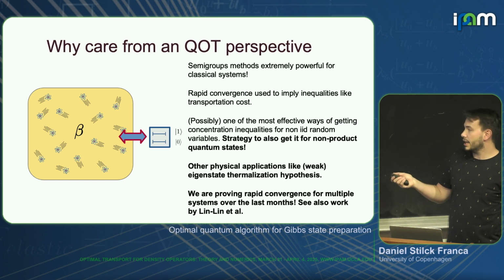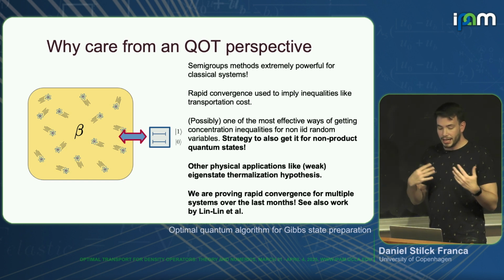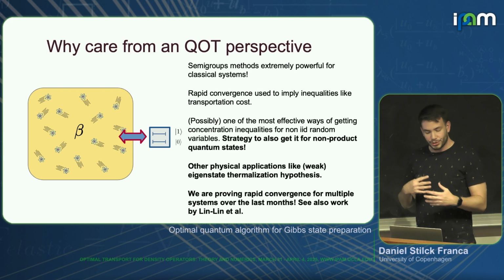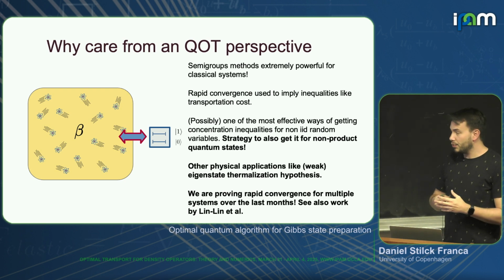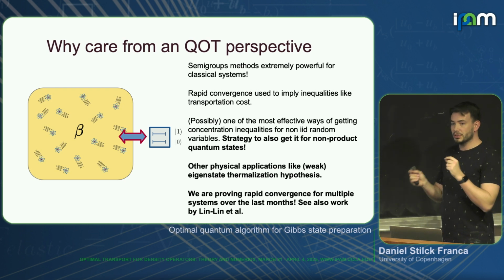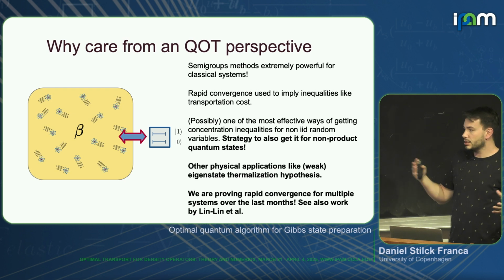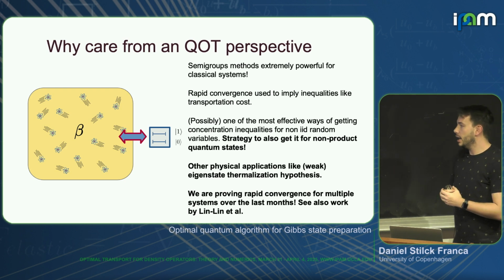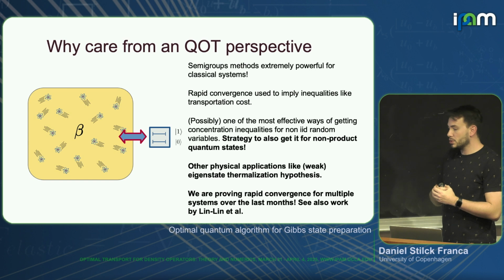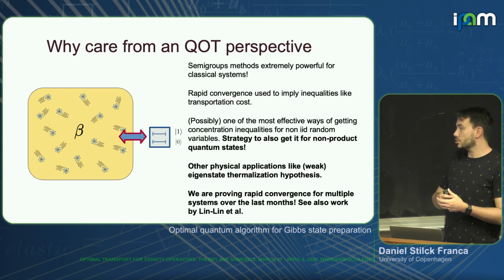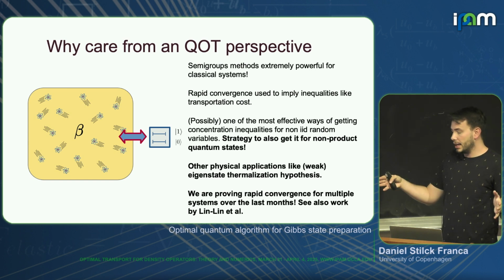For instance, you could get a transportation cost inequality. And from that, usually, you also get very nice concentration inequalities, say, for non-IID random variables, weakly correlated random variables. As far as I know, these semigroup methods are maybe the most powerful we have to show concentration beyond this IID regime.